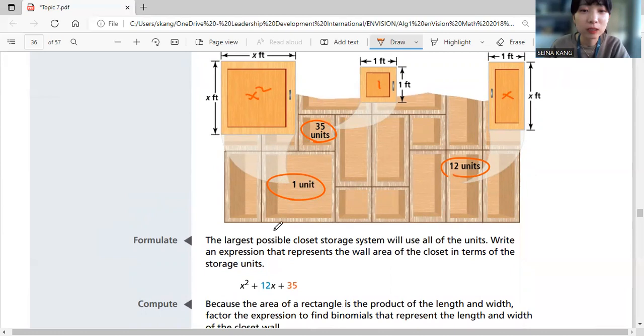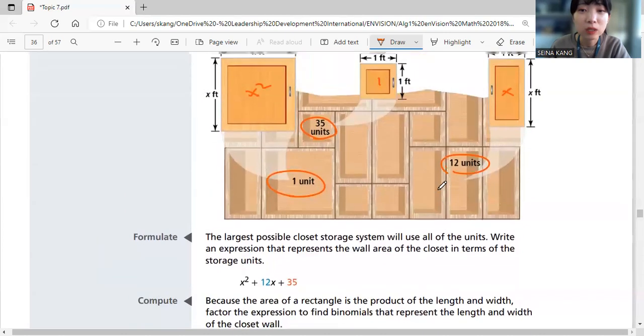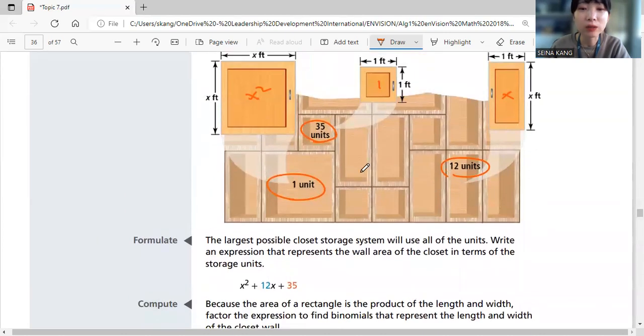So combining the number of units with the area, we can come up with this trinomial. And because the area of the rectangle is a product of the length and width, factor the expression to find binomials that represent the length and width. So we want to factor it out. Why? Because this is the total area we need.